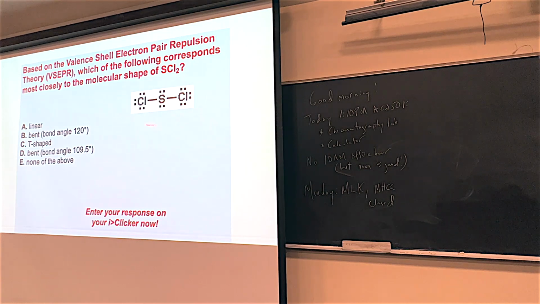Anytime you have four clouds around it, the central atom is a tetrahedron, and tetrahedrons have 109-degree bond angles. So that's going to be a bent molecular geometry. This looks the same as water, all right? It's the sulfur in the middle of chlorines versus oxygen in the middle of hydrogens, but because there are two lone pairs, bent.